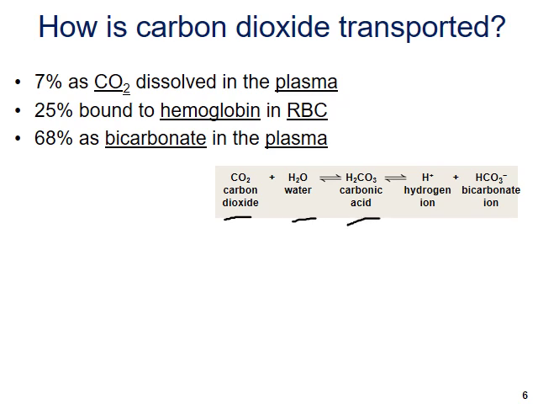That carbonic acid, pretty much as soon as it's made, will split again into a hydrogen ion and a bicarbonate ion. And this will go both directions. You'll notice the arrows here are going to the left and to the right at the exact same rate, so the body is constantly fluctuating between these and finding a balance. But that means that most of that carbon dioxide will actually be part of a bicarbonate ion as it moves through the blood.